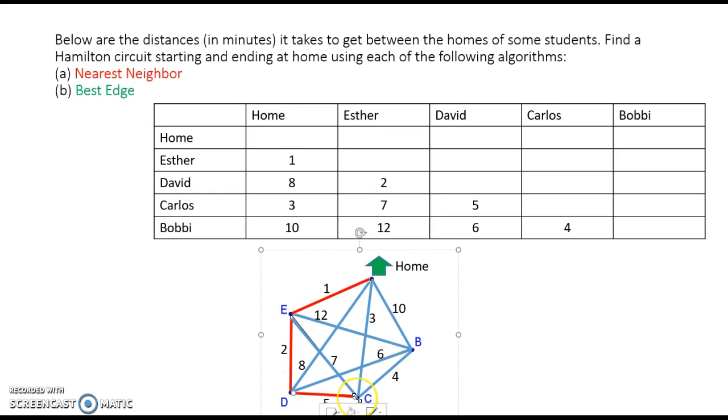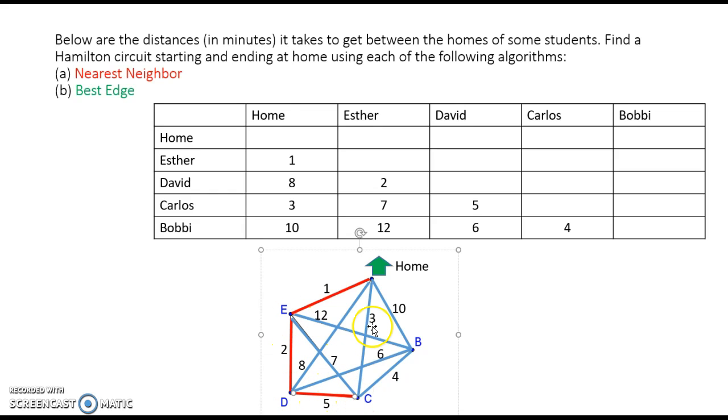Now we're at Carlos. So notice, not only can we not go home, although that's the shortest path here, right? That 3 is shorter than the 7 and the 4 that we could choose from here. But that would create a cycle. And in fact, even doing that 7 would also create a cycle here.